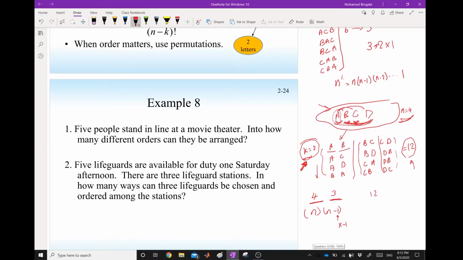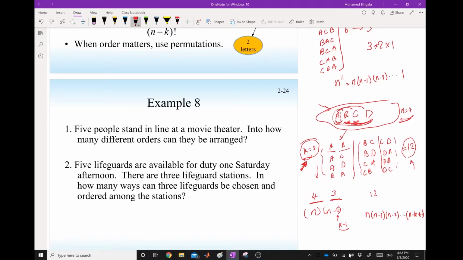So 2 minus 1, you get the 1 here. So the general equation really is n times n minus 1 times n minus 2 all the way to n minus k plus 1. So the 1 here, we said it's just k minus 1, so it will be minus k plus 1.